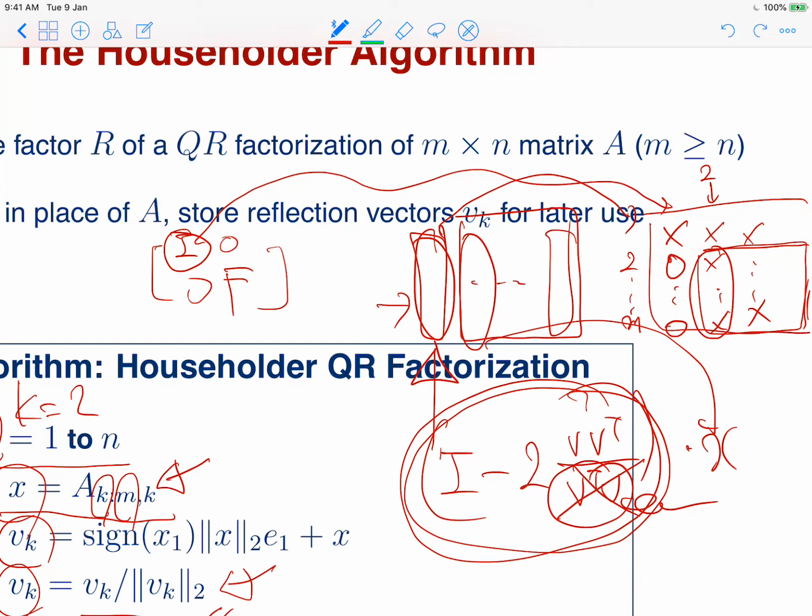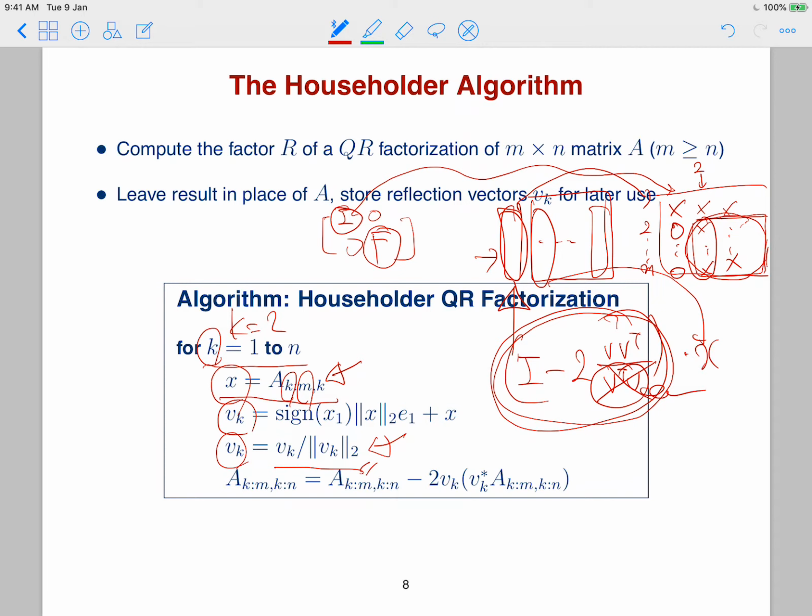And so we only need to compute the matrix multiplication with F and this part, right? So that way we involve this submatrix, k comma k, or 2 comma 2, and then the remaining submatrix. Okay, so that is this part. So I times this will be this, and then that is the result of multiplication with this, right? So this is how we perform this Householder QR factorization.